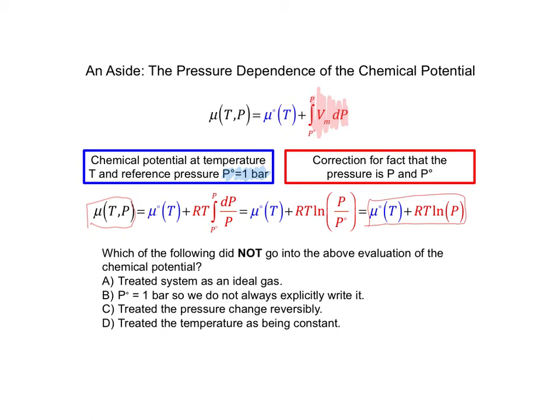Now, with this, let's think about which of the following did not go into the evaluation of the chemical potential. A, we treated the system as the ideal gas.